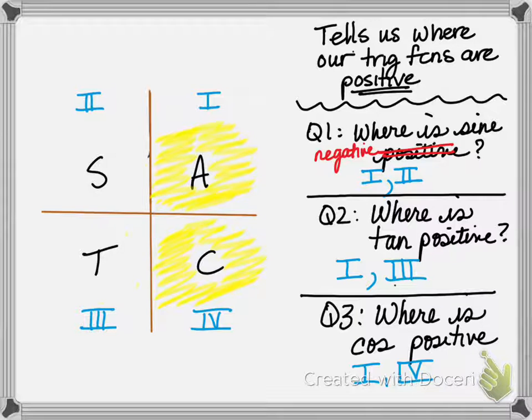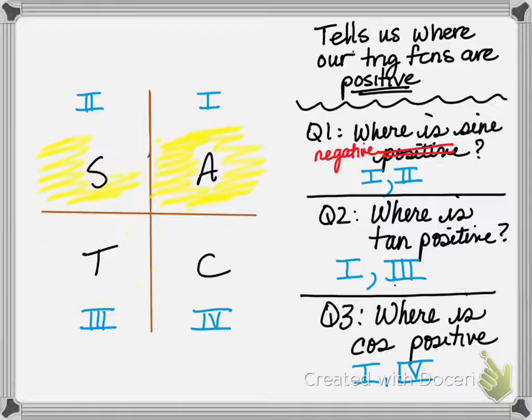Here's where I want students to understand what you're going to do. Let me erase the answers here again and put those letters back. All students take calculus. If I ask you where is sine negative, you told me that sine was positive in the first quadrant and the second quadrant, the blue ones.